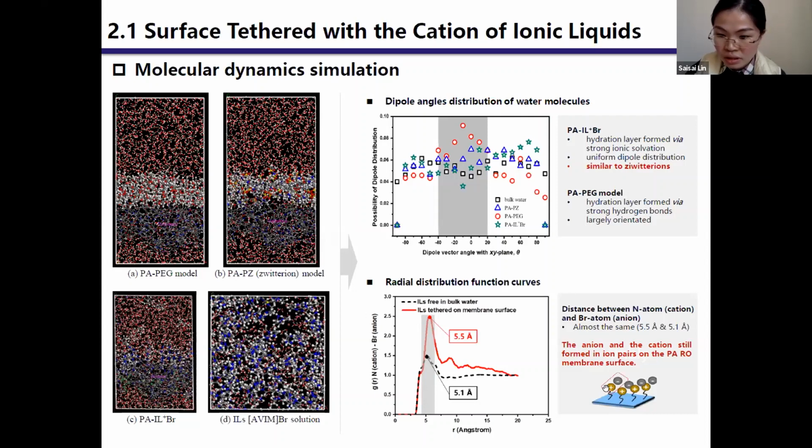That means you can see in this way, the bromine was still distributed around the positive cation. So the whole membrane surface exhibits electron neutrality. So we think that will have the higher anti-fouling property to the opposite ions.